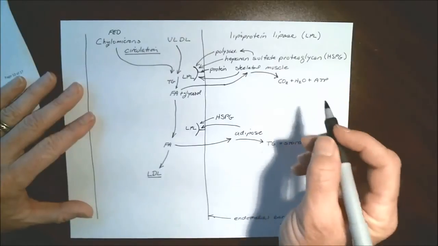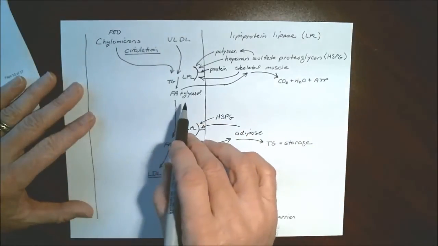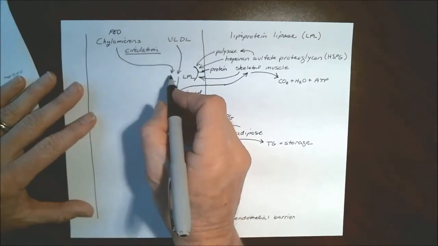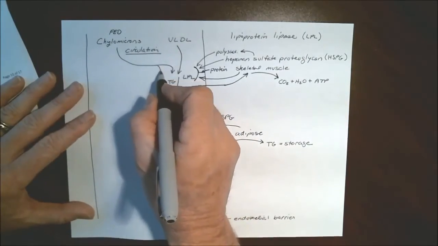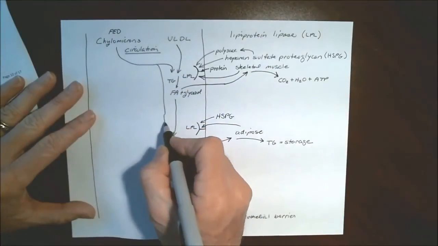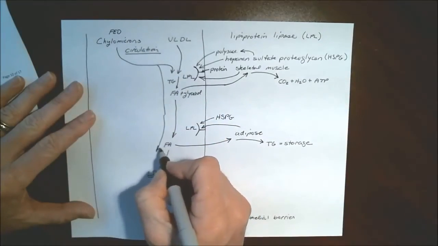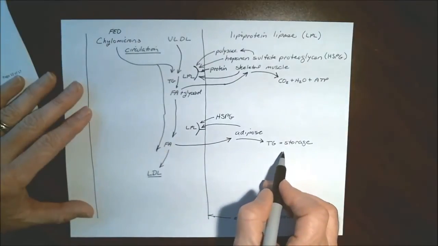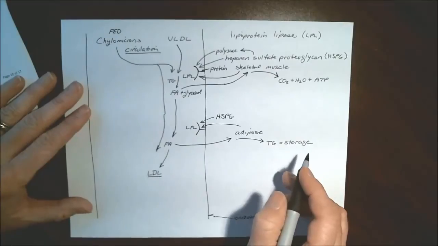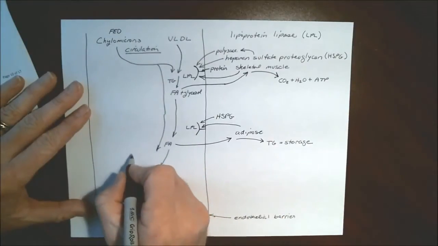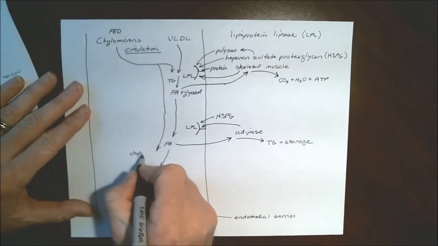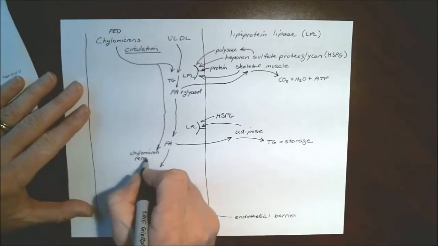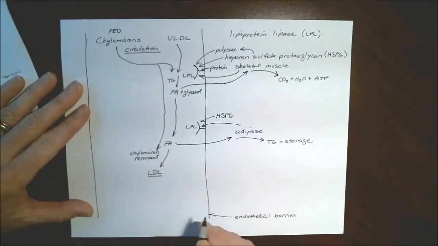Probably not, because skeletal muscle, assuming a balanced diet, is going to have plentiful amounts of glucose. So the pathway for chylomicrons is going to be mostly to release the fatty acids into adipose for storage as triglycerides. When a sufficient amount of this is processed, then we have our chylomicron remnant.